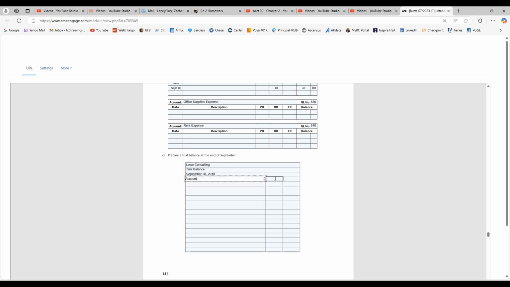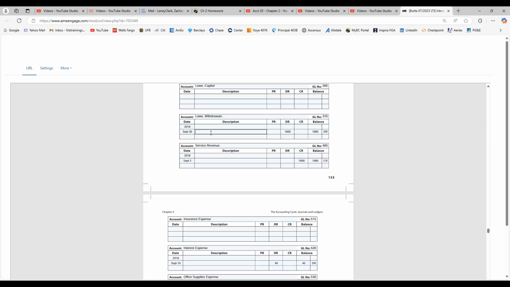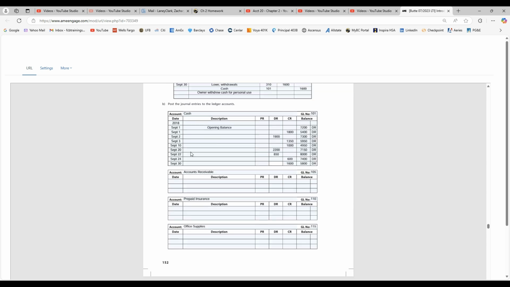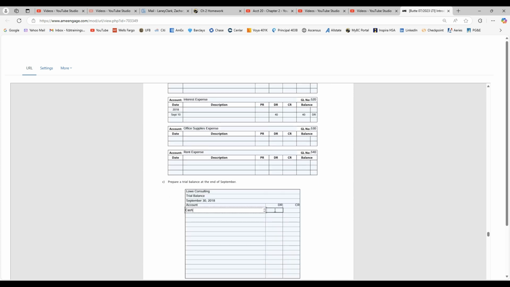We want debits and credits. And then what we're going to do is just go up and grab each of the accounts that we have. So you should have a line for cash, a line for accounts receivable, a line for prepaid insurance, office supplies, etc. And it's a debit balance in cash as an ending amount there of $5,800.